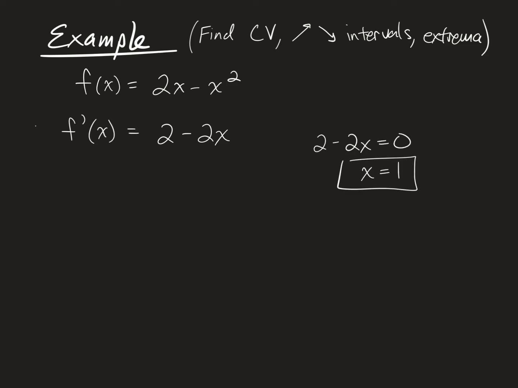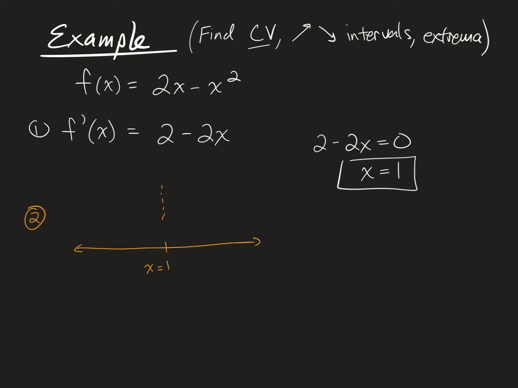So that's the first part, find all the critical values. You can see it here. The second thing that you have to do is find the intervals where the function is either increasing or decreasing. This is how I notate that, very shorthand. And we can do that by setting up a number line and placing our critical value on that number line. And since we just have one critical value, we just have to put one number on the number line.